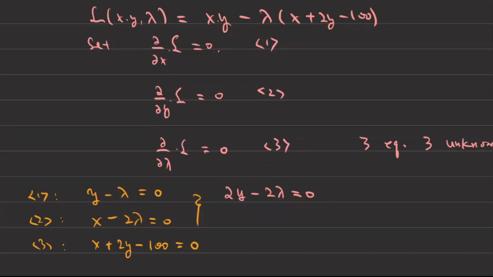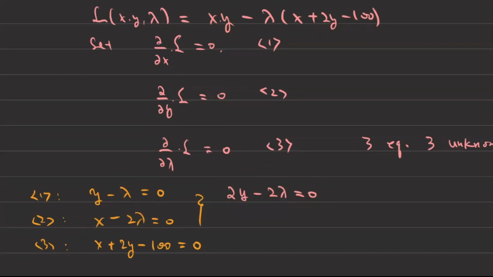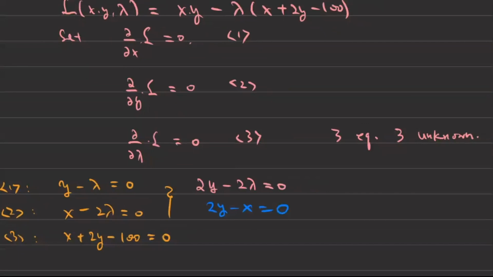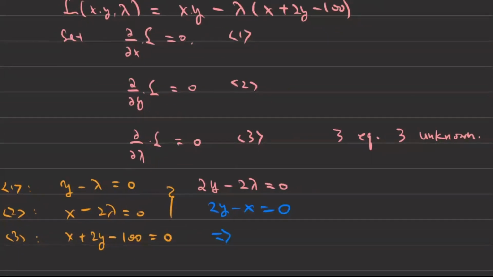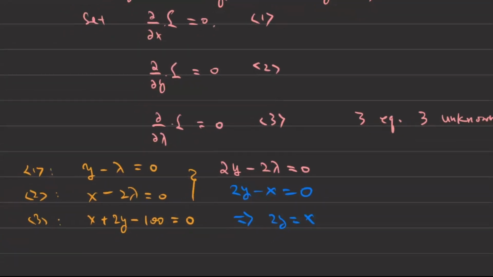What I'm left with is 2y subtract x equal to 0. So this means that we have some sort of relationship between x and y. 2y is equivalent to x. And hence, that makes our life easier, right? Because look at the third equation. There's actually a 2y here. So if we know 2y is equal to x, why don't we plug that in?